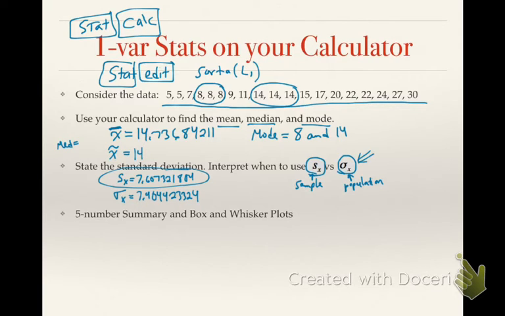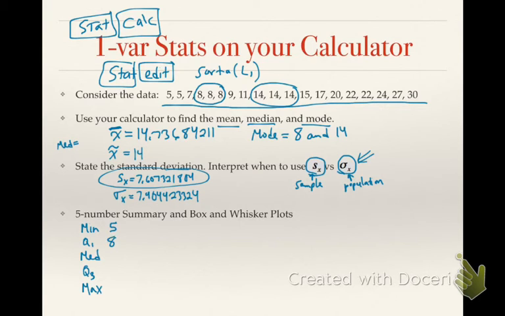Now another thing your calculator will tell you in the 1-Var Stats is the 5-number summary. That 5-number summary is just the min, the first quartile, the median, the third quartile, and the max. Those numbers tell you how to create a box and whisker plot, which divides the data into 4 equal parts. In this case, the min is 5, and you have to scroll down to see these.